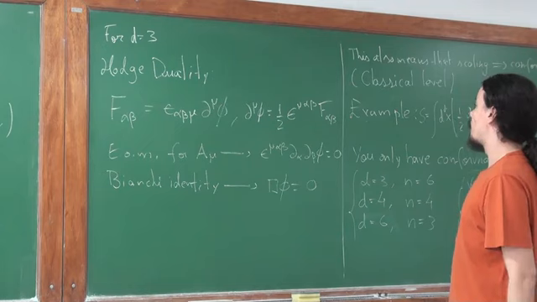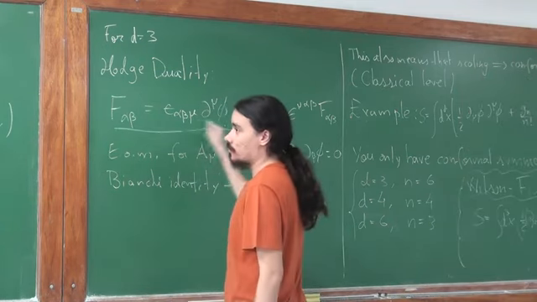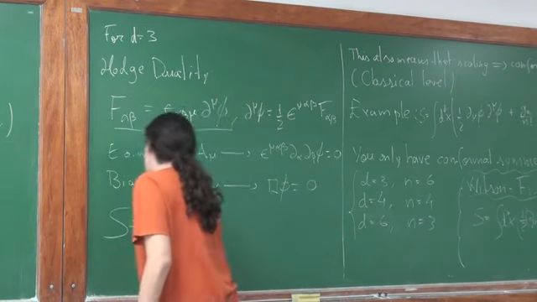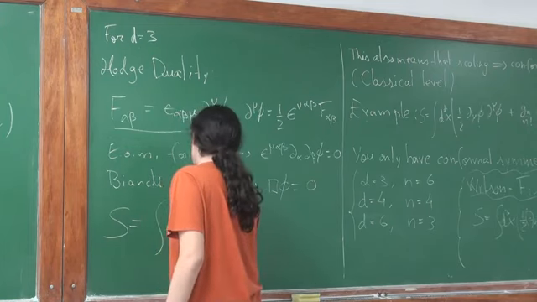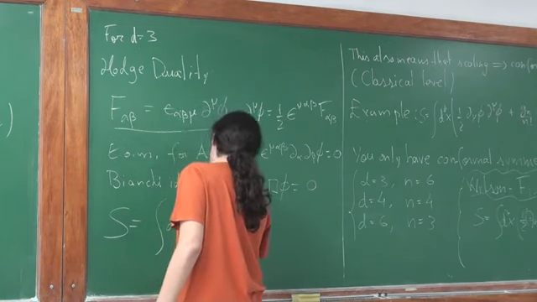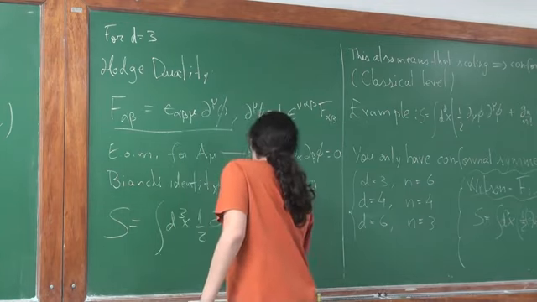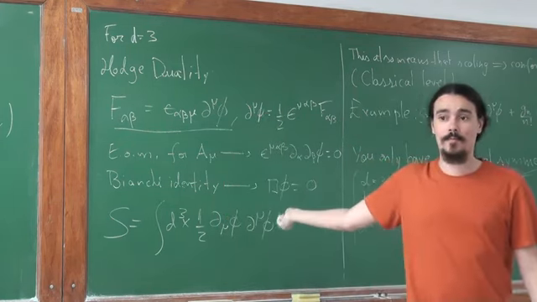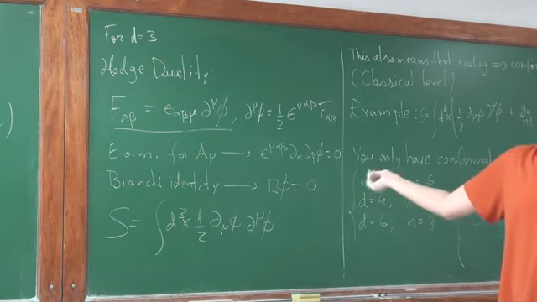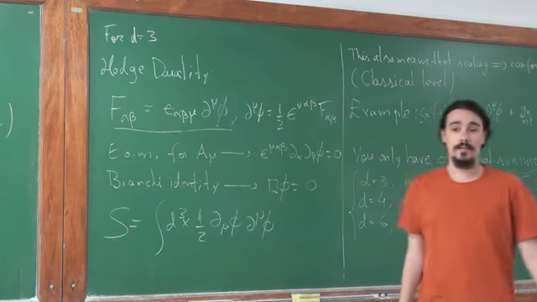And what happens to the action if we substitute the field strength with this? We just get the free scalar action. That's in 3 dimensions. And as we've seen, we can indeed improve the scalar in any dimension so that its energy momentum tensor is traceless.